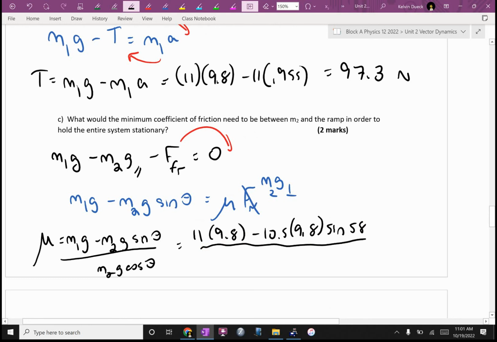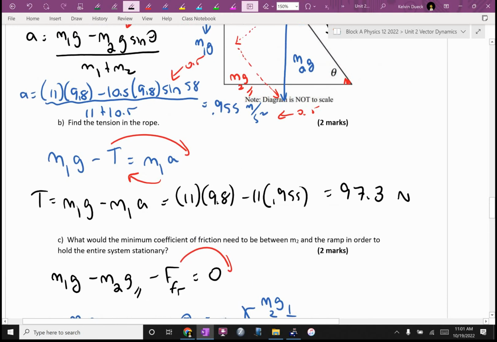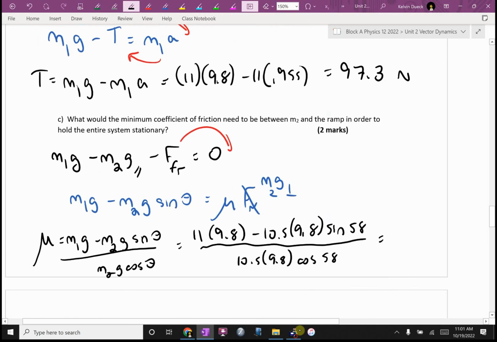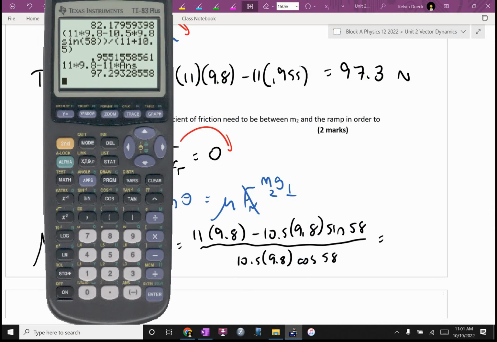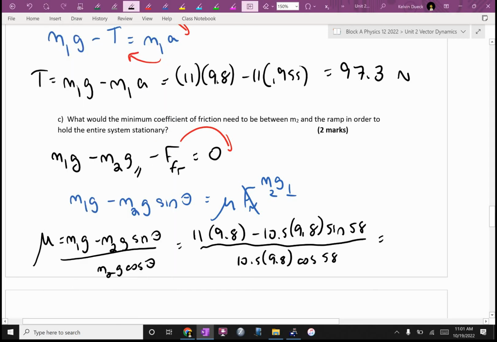All over M2 10.5, G 9.8, cos 58. Hopefully this works. Bracket 11 times 9. Oh, did it again. Oh, you're saying the G's actually cancel?